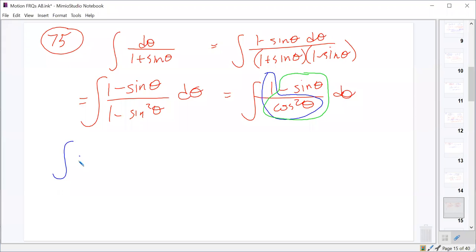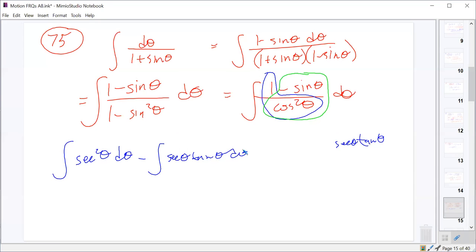We're going to get an integral of secant squared theta d theta, minus an integral of sine over cosine squared. Well, sine over 1 cosine would be a tangent, and 1 over a cosine would be a secant, right? So this becomes minus the integral of secant theta tangent theta.